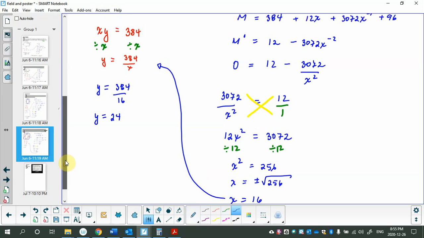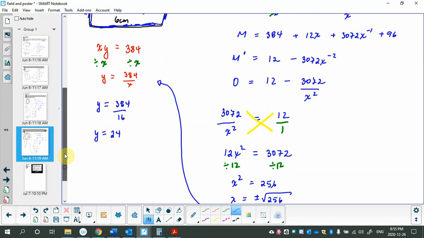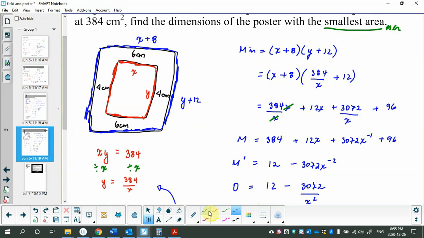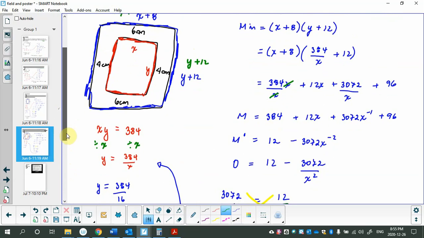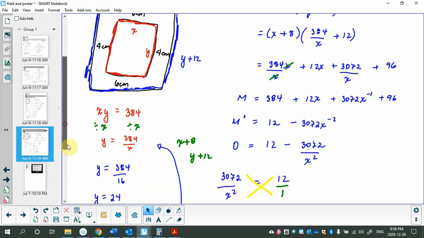So a lot of people will write down that the poster is 24 centimeters by 16 centimeters, but that's actually not the case. And the reason it's not the case is because the poster is x plus 8 sideways, the way I've drawn it, and y plus 12 on the up and down, the way I've drawn it. And x isn't the same thing as x plus 8. And y isn't the same thing as y plus 12.